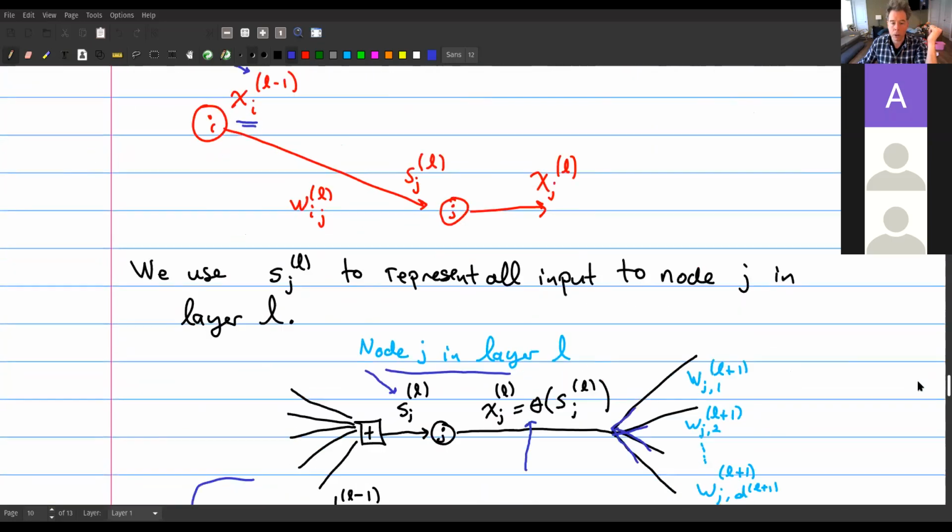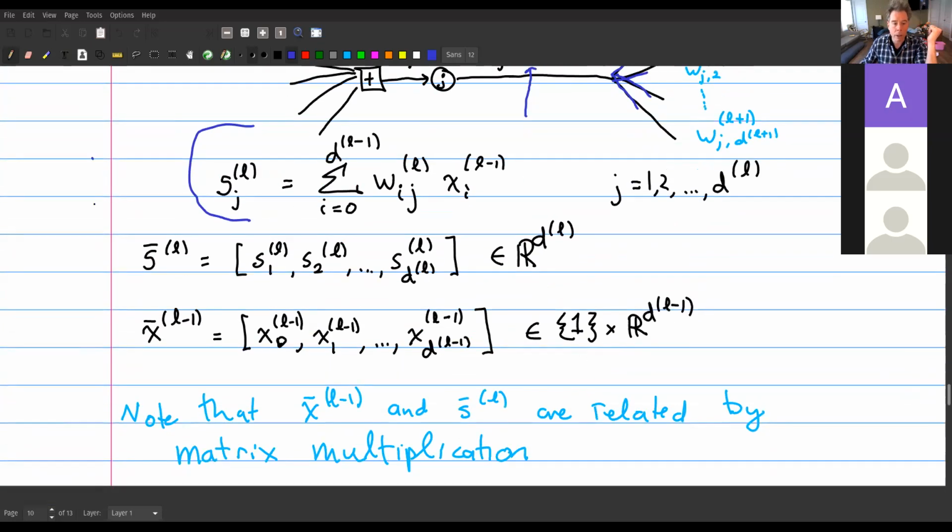Okay, so s is the vector of all inputs in layer l, and this is the vector of all outputs in layer l-1. Notice that for the outputs you have a bias, so this is just 1.